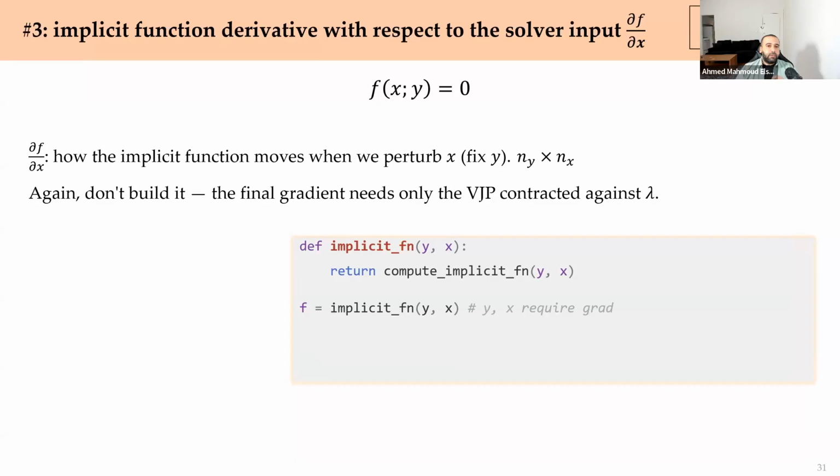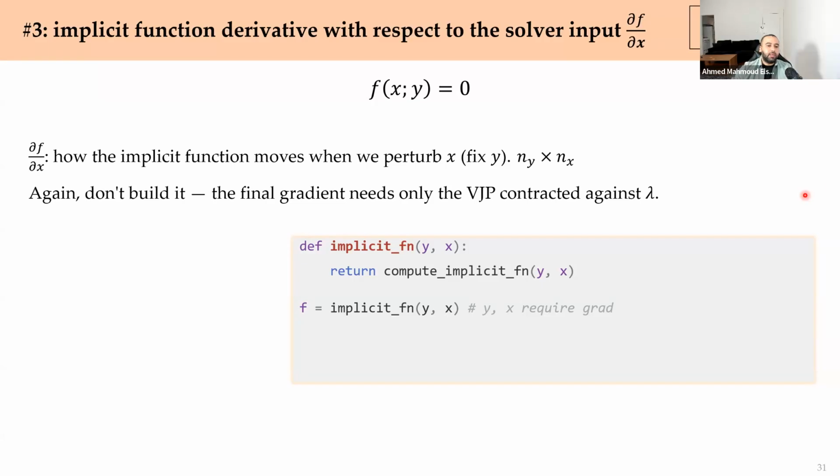And finally, the last derivative is df/dx. It is the same implicit function, but now we perturb the input and see how the output of the function behaves while fixing y. Again, we don't materialize this Jacobian, because we only use it for another vector-Jacobian product.